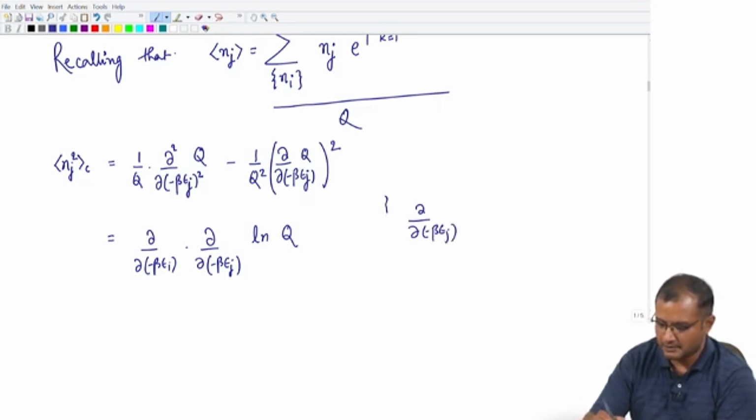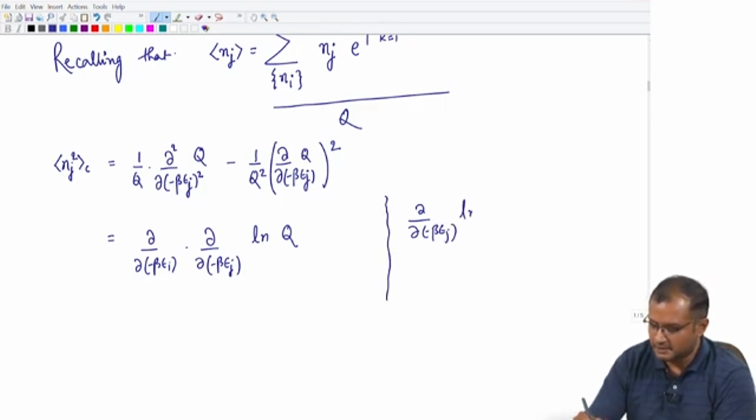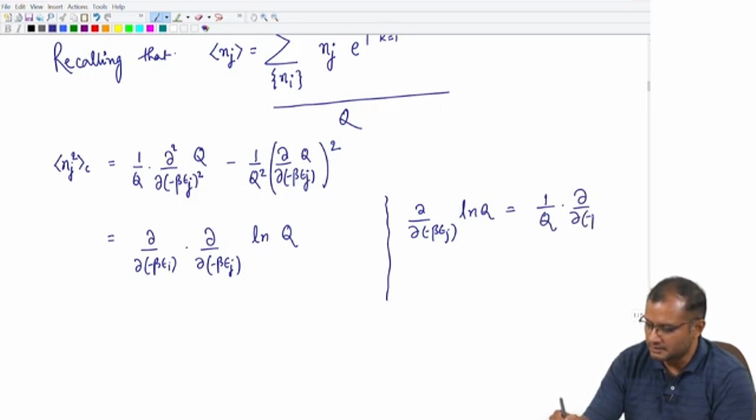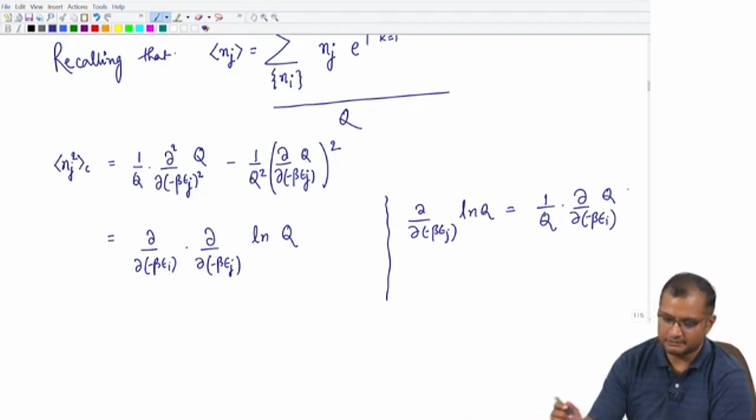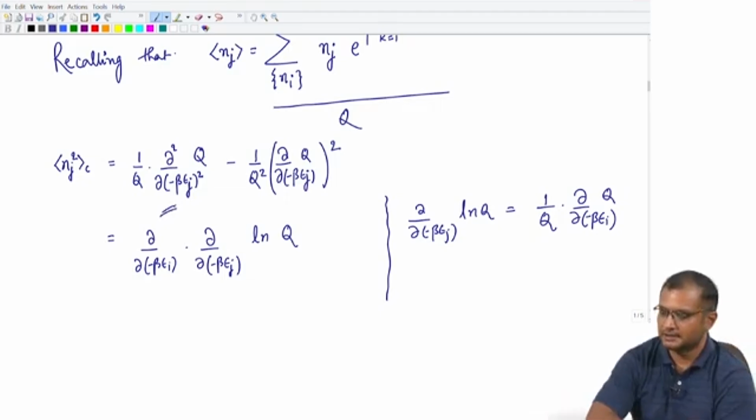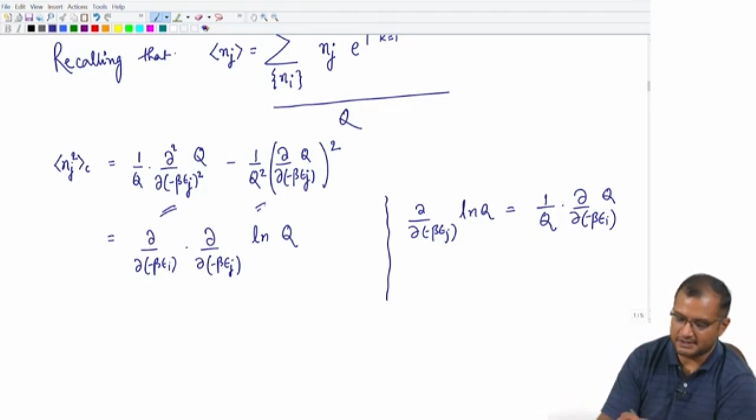Okay. So, let us explain what is going on. The inner derivative expands to 1 over q d over d minus beta E j of q. And the outer derivative will give you the first term, which is this, plus the second term, which is this.